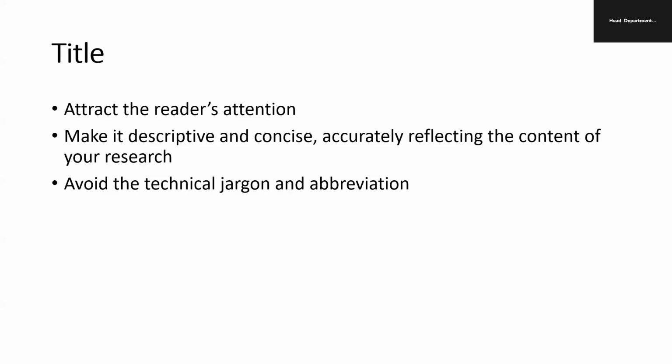Then let's say we have conducted this study only for one sector. Let's take bank and finance companies. We have selected only bank and finance companies. Then we put our title as Impact of Integrated Reporting on Financial Performance. Right. Does it represent the content of your research?